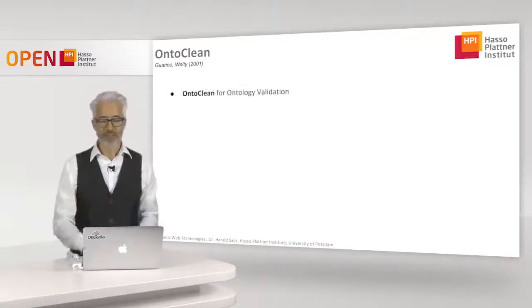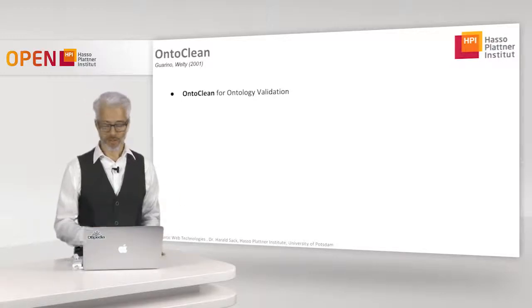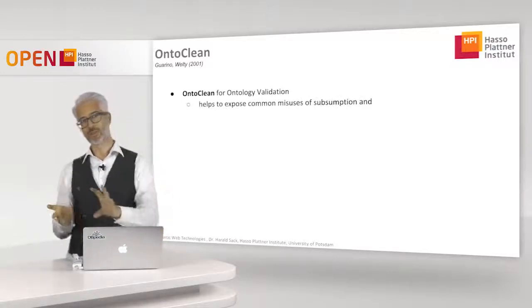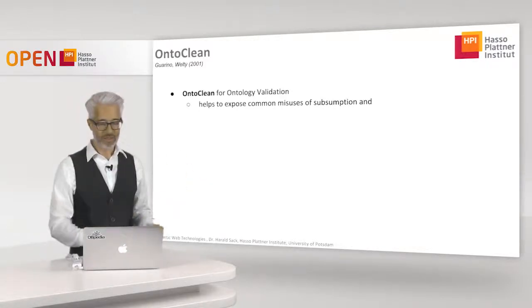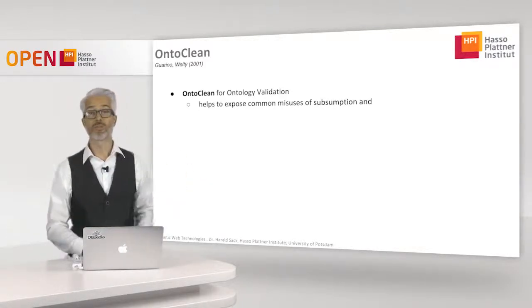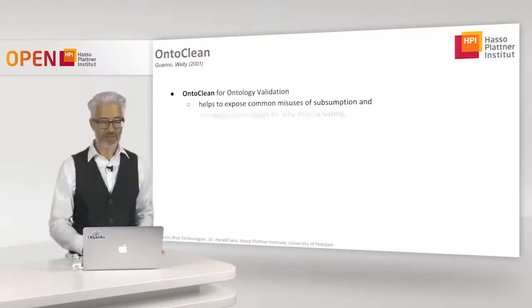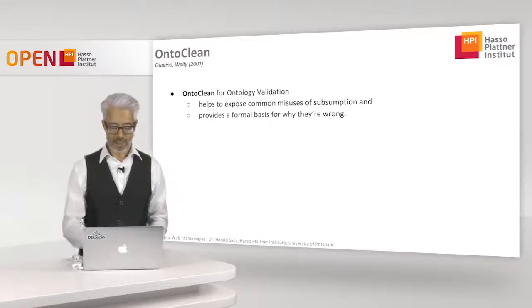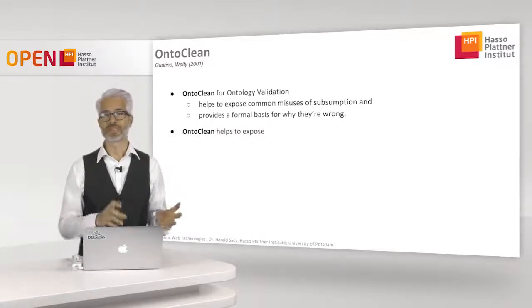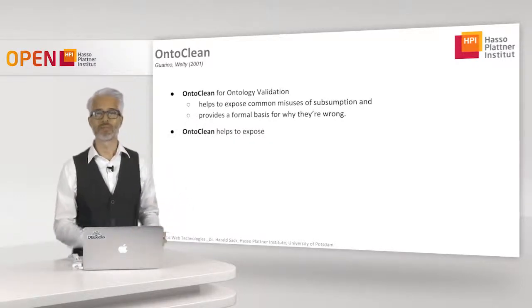Usually it is used for ontology validation, as we said, so it checks whether your ontology really fits what you want to model in the world, and it helps to expose common misuses of subsumption and provides a formal basis to argue why these subsumptions are sometimes wrong and why they sometimes fit.